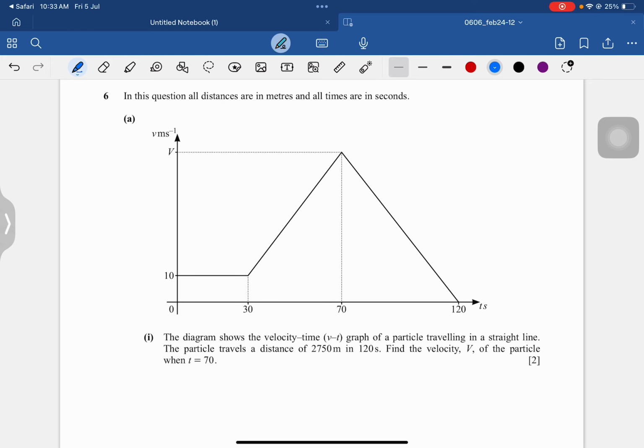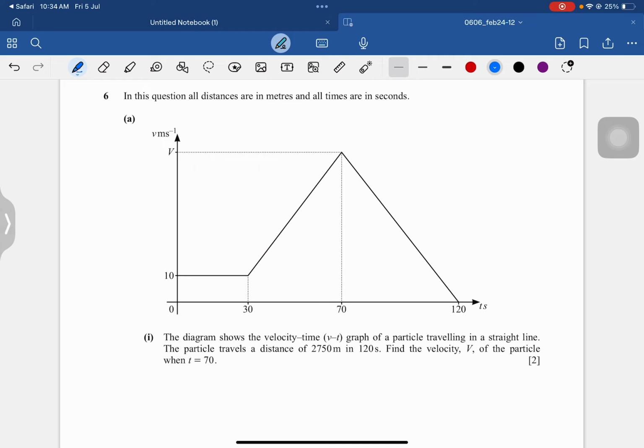Question 6. Looks like a kinematics question here, but it's rare. The diagram shows a velocity-time graph of a particle traveling in a straight line. The particle travels a distance of 2750 meters in 120 seconds, meaning the area under the graph will be 2750.